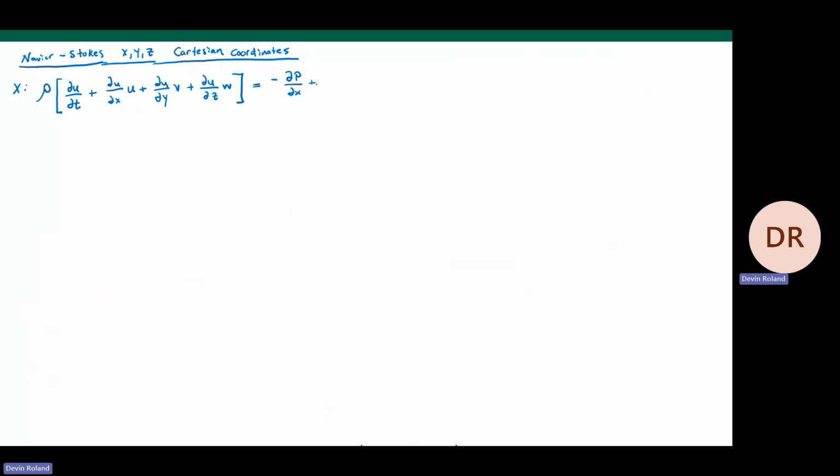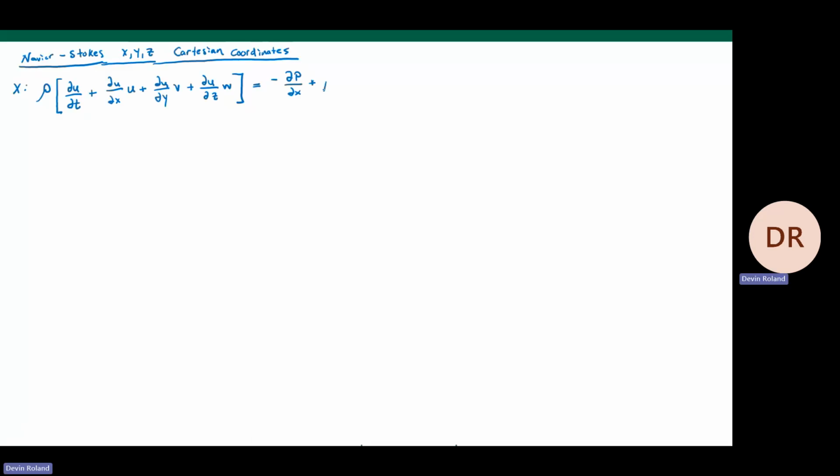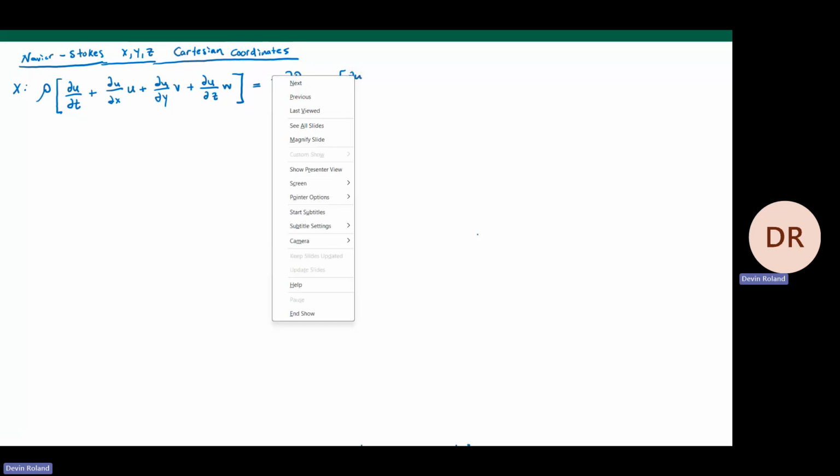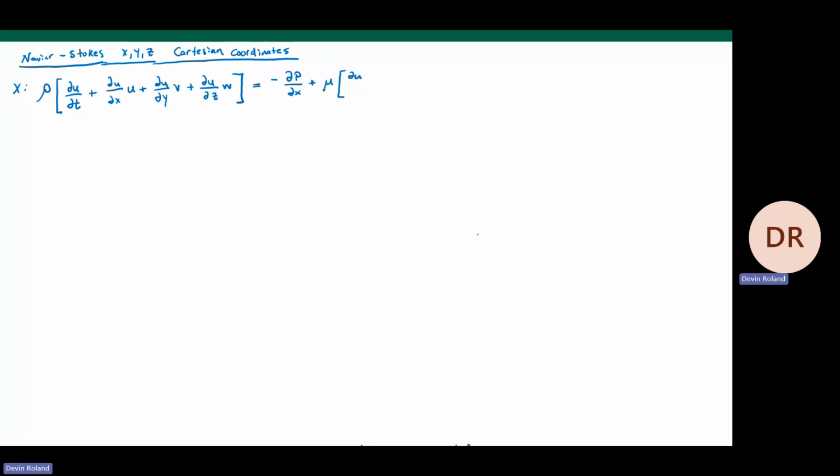And then we have plus mu, our viscosity, times d squared u dx squared plus d squared u dy squared plus d squared u dz squared.